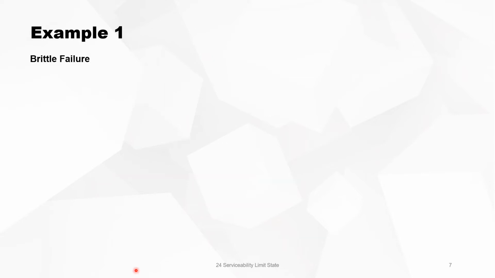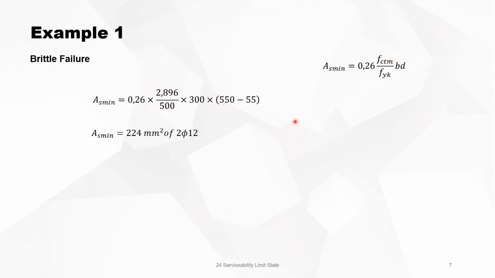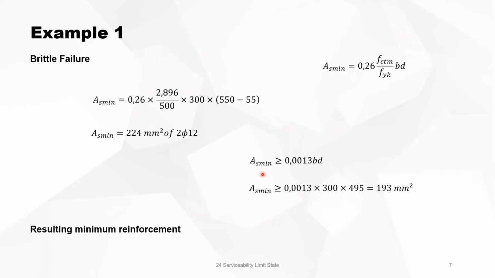So we continue with the minimum reinforcement due to brittle failure. We've seen that this is the formula. We already know FCTM and B and D, so the minimum reinforcement is 2 diameters 12, but there is a lower limit. It's 0.13% of the section, which is 193 square millimeters.